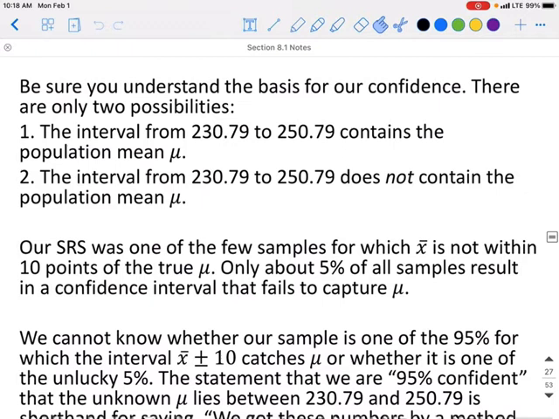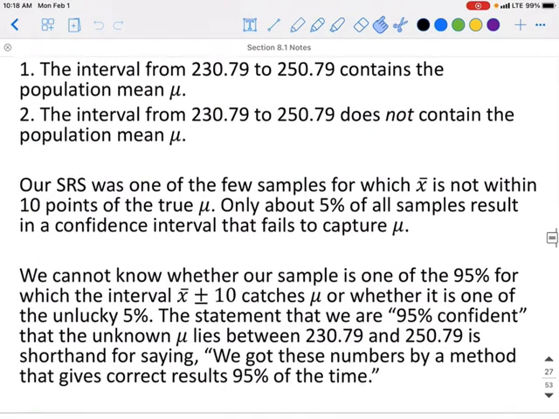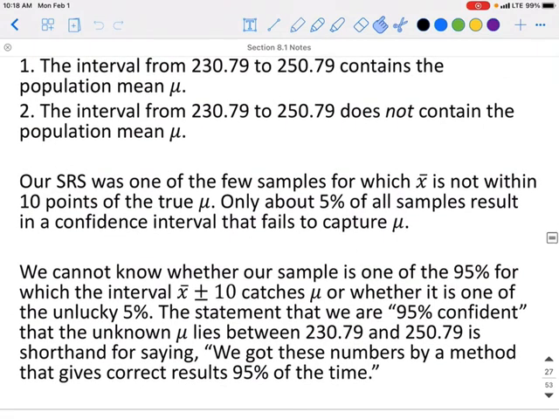Be sure you understand the basis for our confidence. There are only two possibilities: the interval from 230.79 to 250.79 contains the population mean, or the interval does not contain the population mean. Our simple random sample was one of the few samples for which x bar is not within 10 points of the true mean.